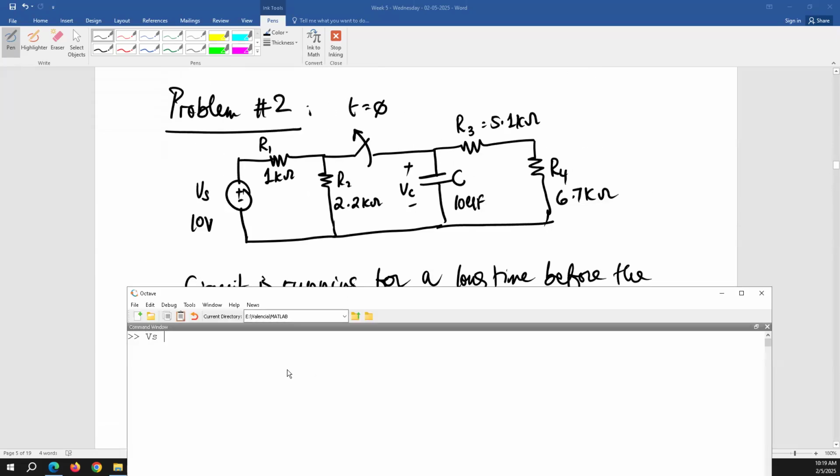My Vs is 10 volts, my R1 is 1K, my R2 is 2.2K, my R3 is 5.1K, and my R4 is 6.7K. So 1K, 2.2, 5.1, 6.7, and 10. And the capacitor is 10 microfarad.